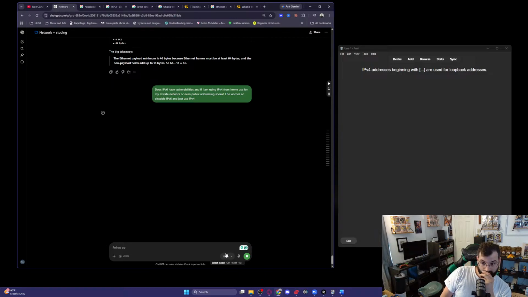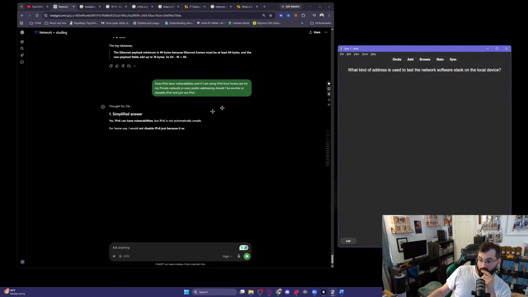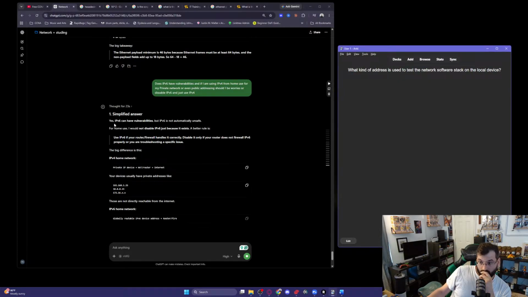What do we got? IPv4 address beginning with blank. Is it 127? Yeah. What kind of address? This thread's getting way too long. Yes, it can have vulnerabilities, but IPv6 is not automatically unsafe.